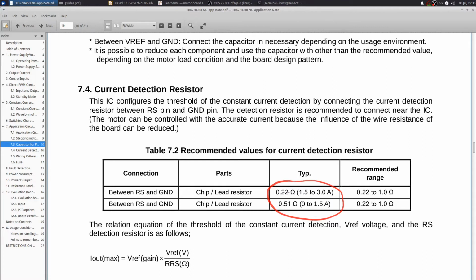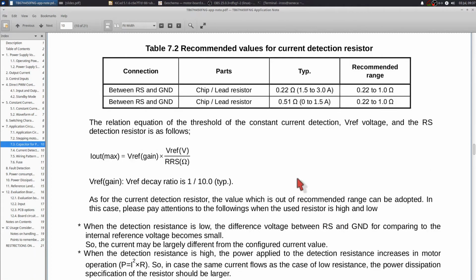And the way that we're going to calculate this is pretty simple. So we know, for instance, that the maximum current that we want to support, which is determined by the requirements of the motor, is 250 milliamps.